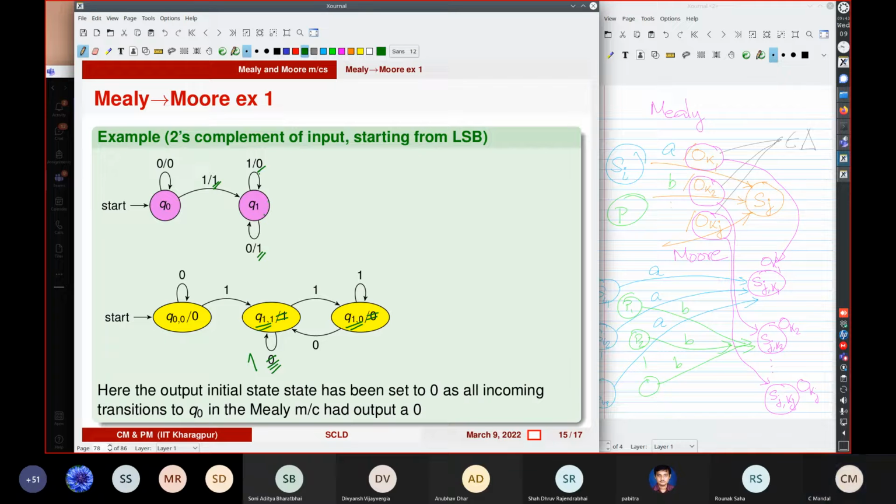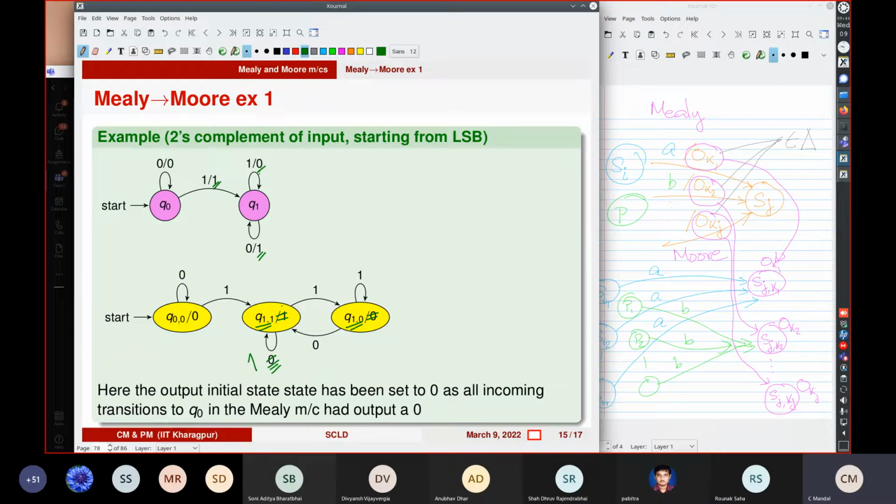Now let us also look at this. From Q1, when I get a 0, I would like to give the output of 1. All right.